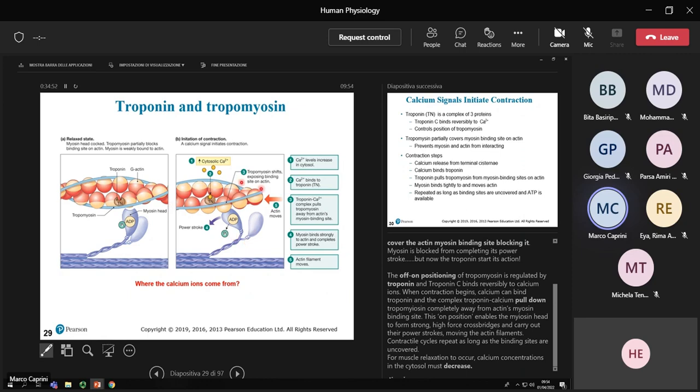But we already know perfectly how the calcium ions can decrease inside of the cell. We have already studied this part in the transport across the membrane: the calcium pump, the second type of active transport. Remember.